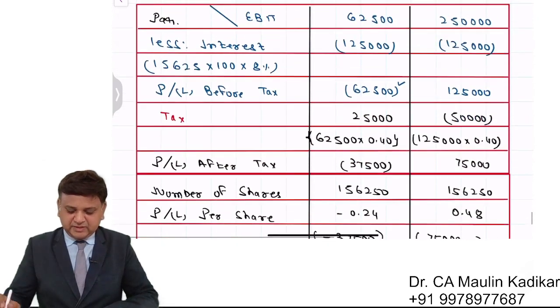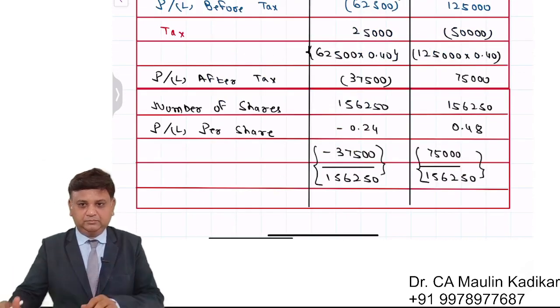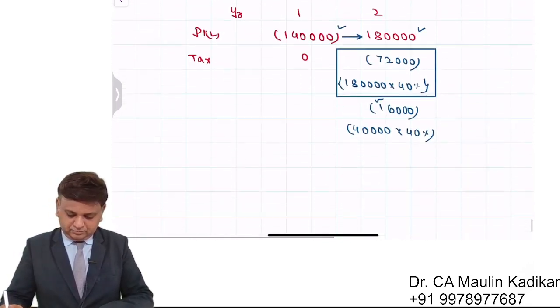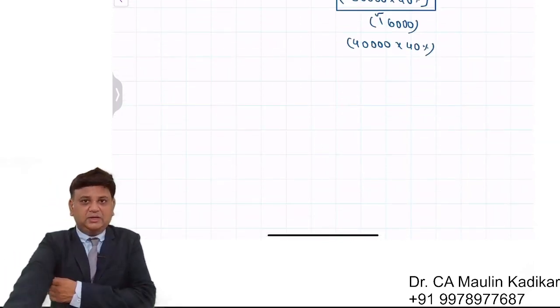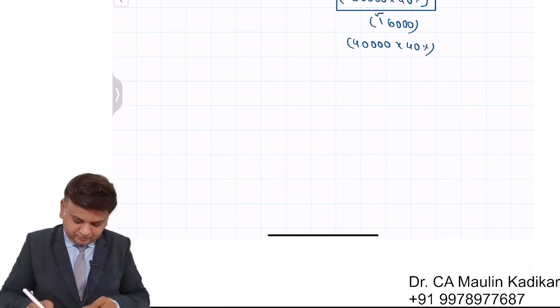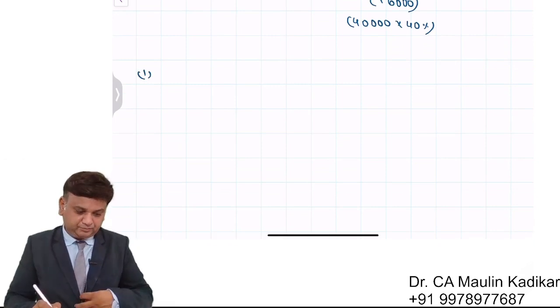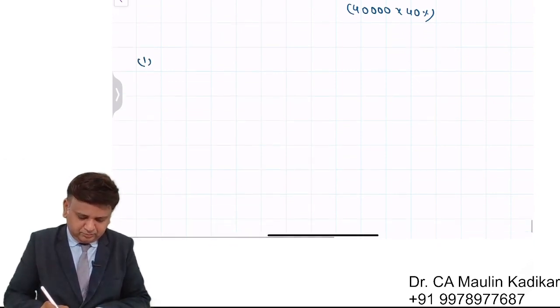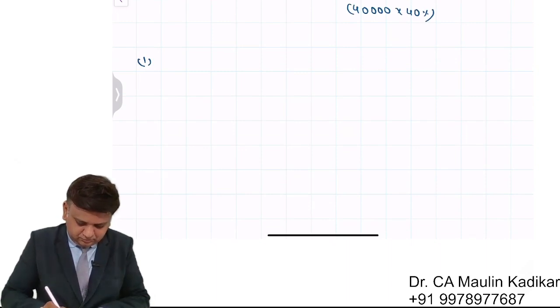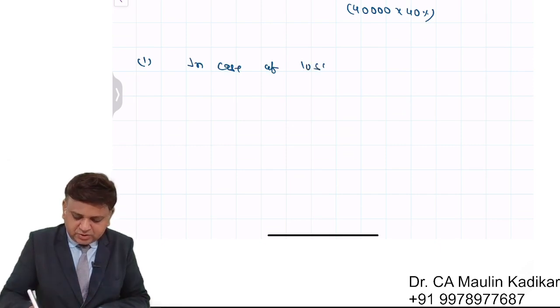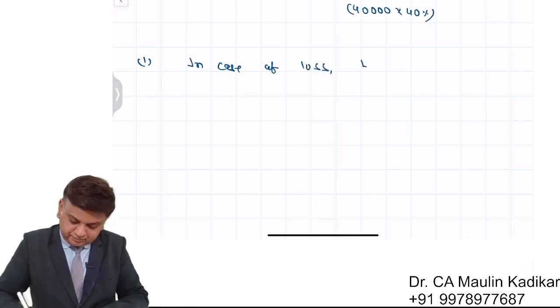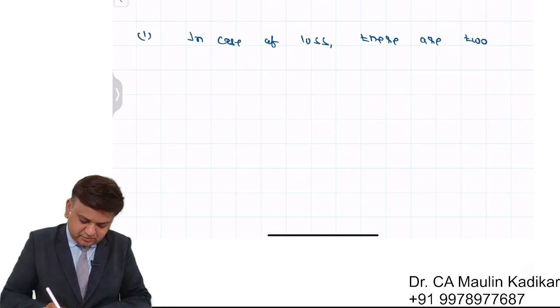I request all of you to write down the answer. Write down a note for the answer. First one, write down: in case of loss, there are two types of provision.